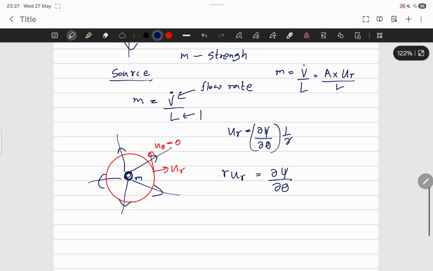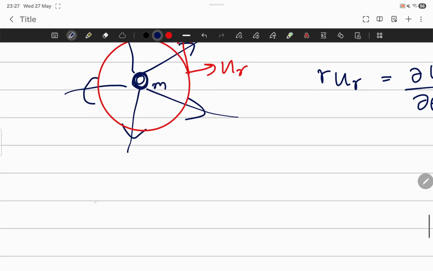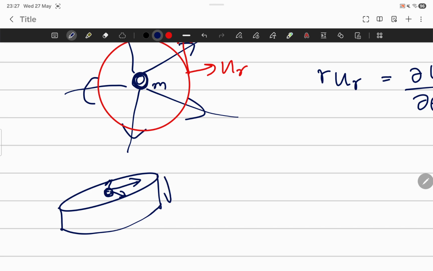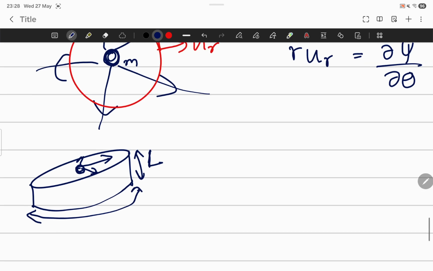So this area means let's consider like this. If this is the source, it creates the flow like this, right? So I am considering this is the L. So this is the perimeter, right? So area means this, right?